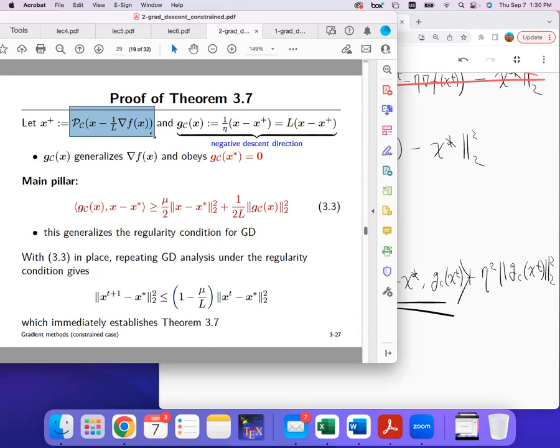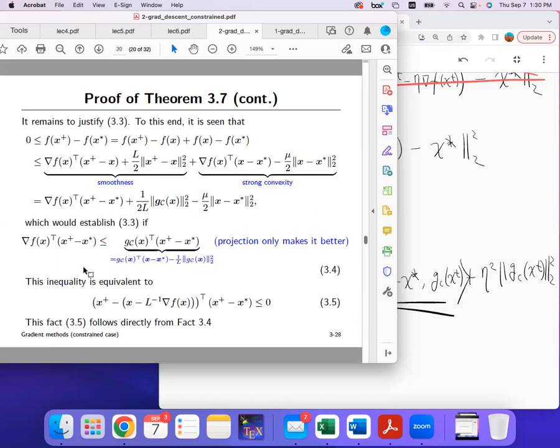You just put everything into here, and you will get this expression. So we need to show this inequality.